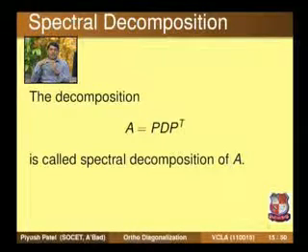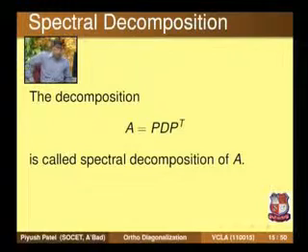What is the spectrum? The spectrum is the set of all eigenvalues. The matrix D contains all the eigenvalues on the diagonal, so the matrix is decomposed using the diagonal eigenvalues. We are not going into the detail, but therefore it is called spectral decomposition.